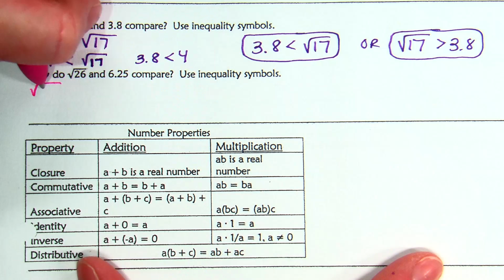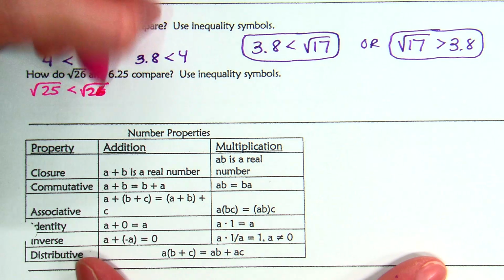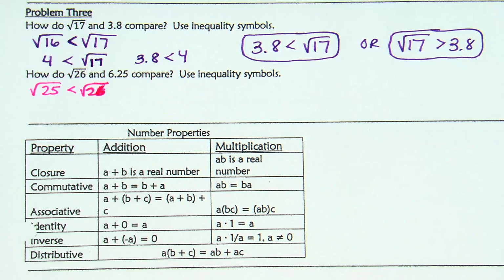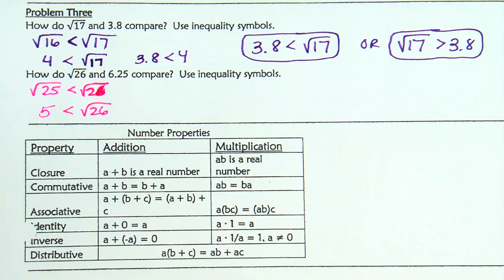Excuse me, just totally goofed this. Okay, what that's supposed to say, can you guys read that? Square root of 25 is less than the square root of 26, because 25 is smaller than 26, right? So that's saying that 5 is smaller than the square root of 26.